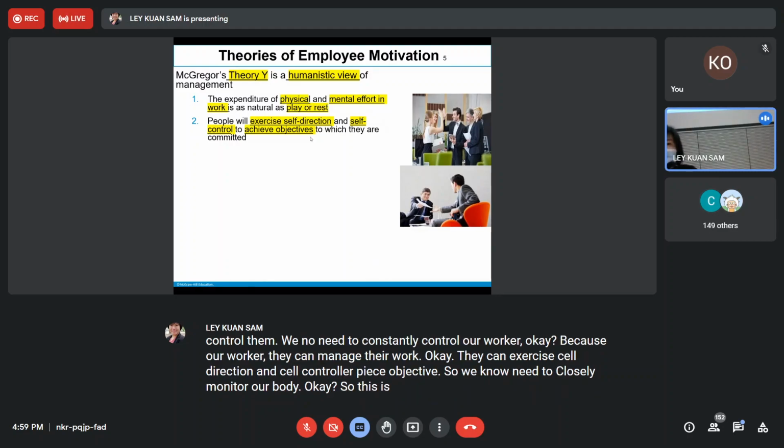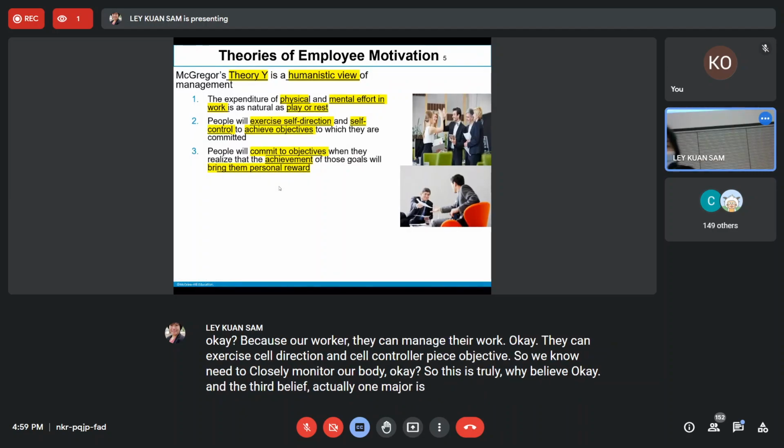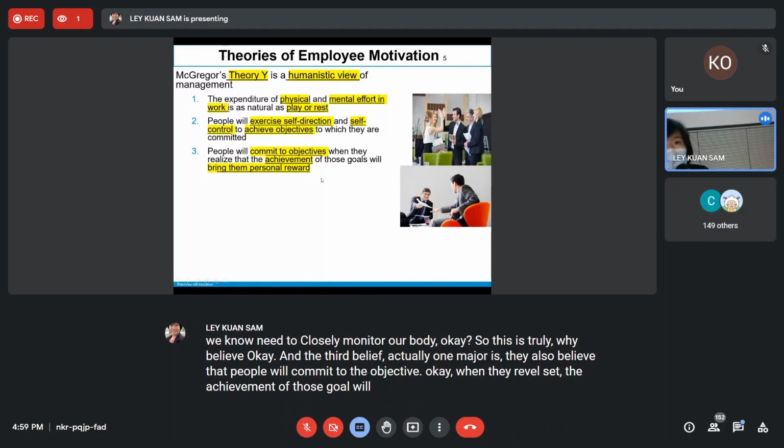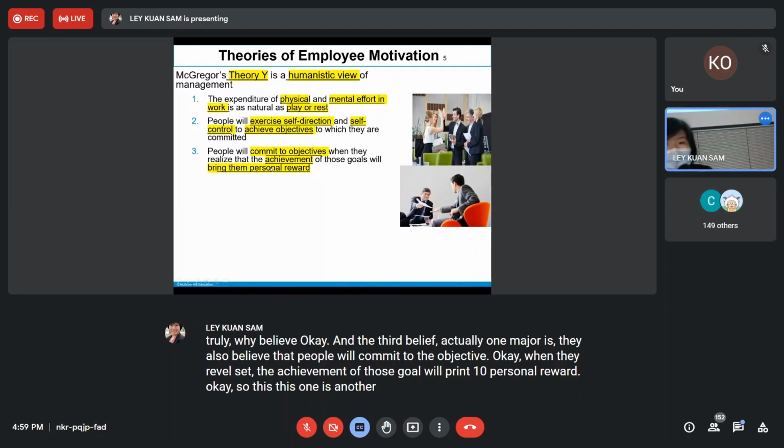This is a Theory Y belief. The third belief of Theory Y managers is that people will commit to the objectives when they realize that achieving those goals will bring them personal reward.